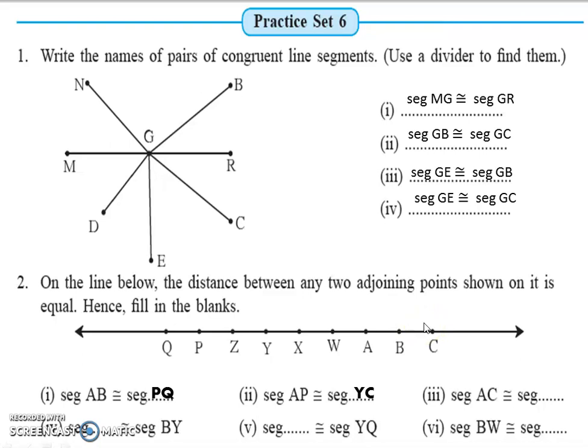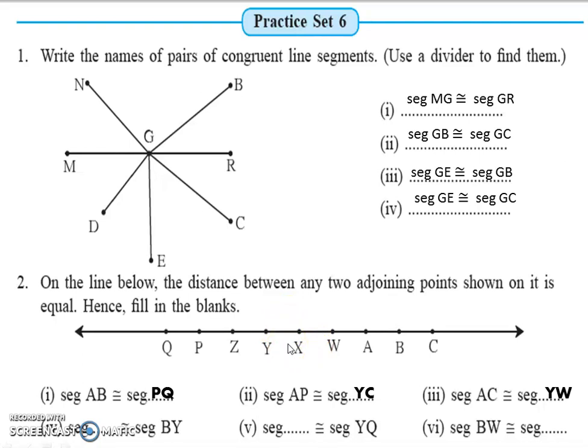Segment AC congruent to segment dash. Segment AC measures 2 units. So any segment that measures 2 units will be congruent to segment AC. So our answer will be seg AC congruent to segment YW, since YW also measures 2 units.